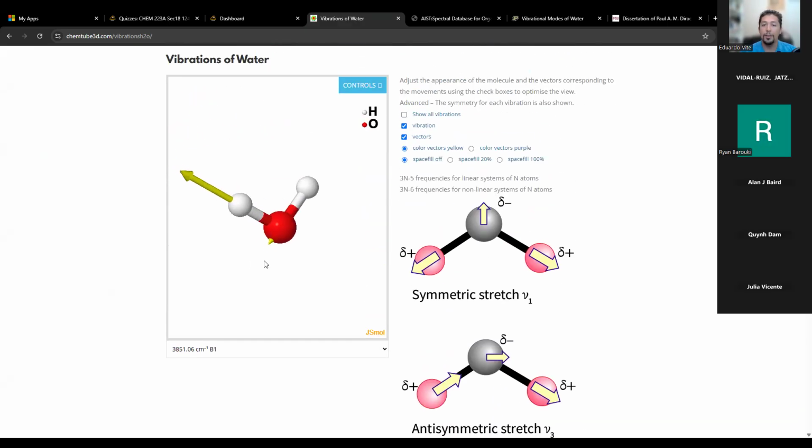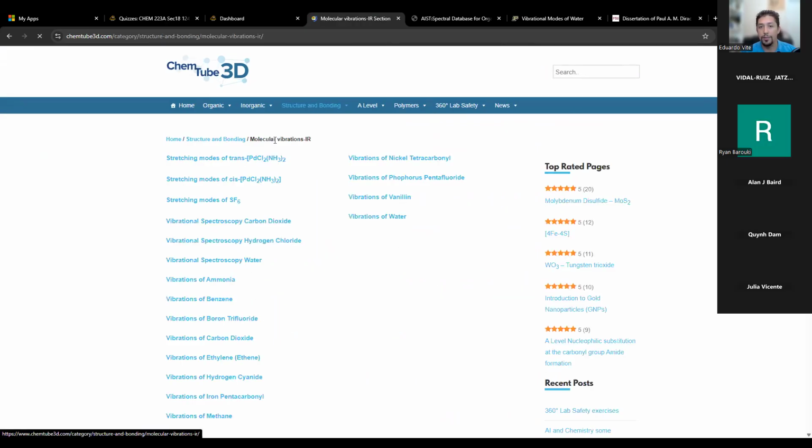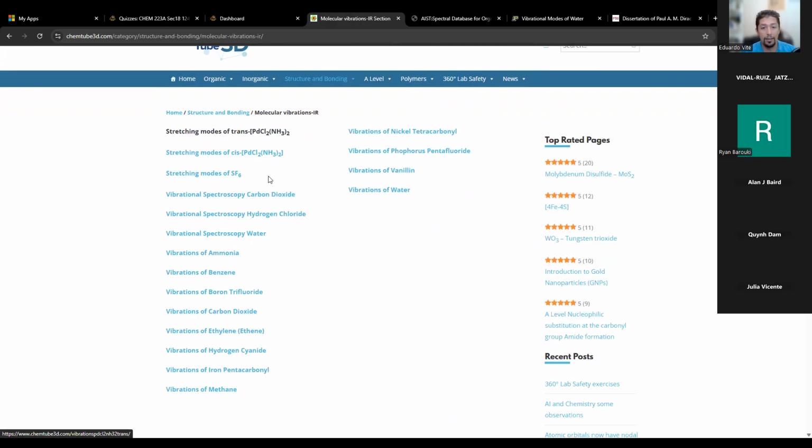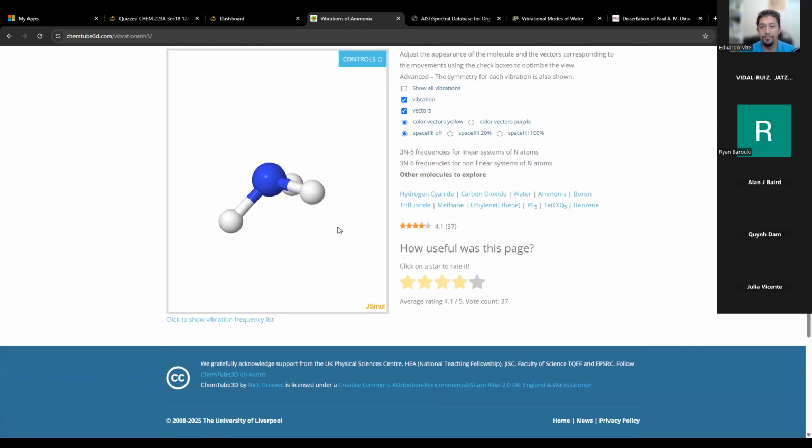What happens if I add another bond? What if I had another H bond to this atom? Well, let's find out. I'm going to go back to where it says molecular vibrations, and I'm going to click on ammonia, NH3. So here's ammonia, right? It looks just like water, but you have that extra hydrogen bond right there, and of course you have a nitrogen.